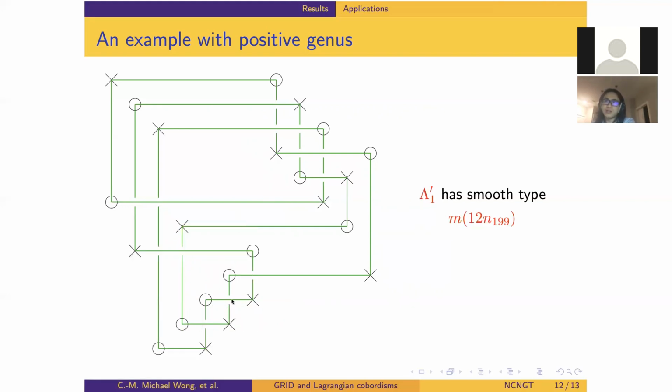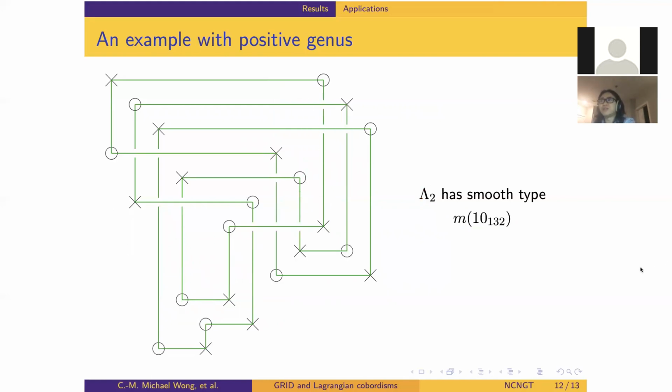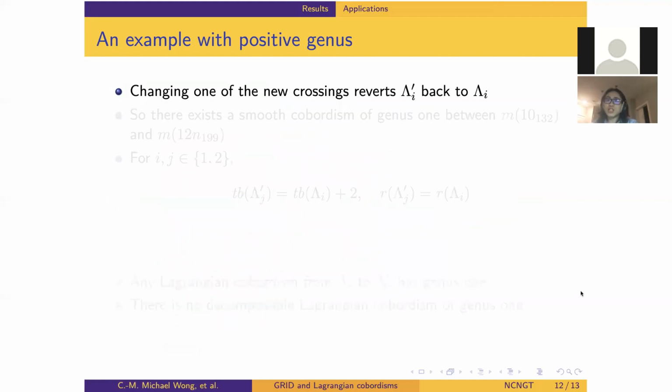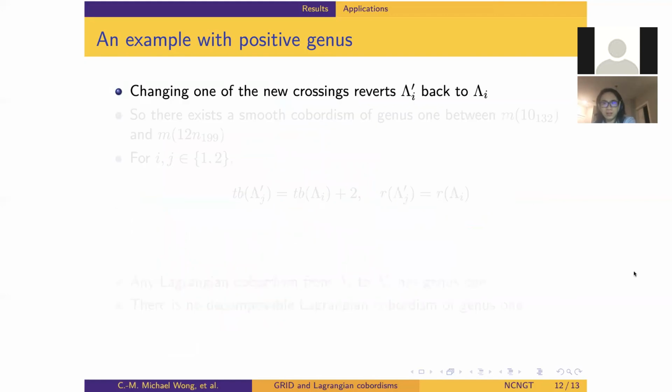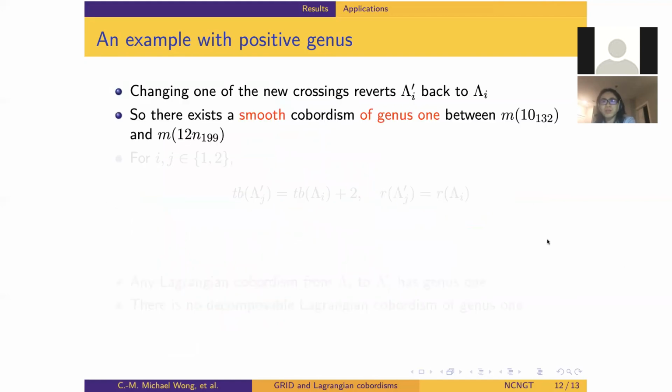It's just two crossings. You do this to lambda 1, you get lambda 1 prime. You do this to lambda 2, you get lambda 2 prime. And changing one of the new crossings reverts lambda i prime back to lambda i, because if you change this crossing, then you get back the previous link. So that means that there is a smooth cobordism of genus 1 between the two smooth types.